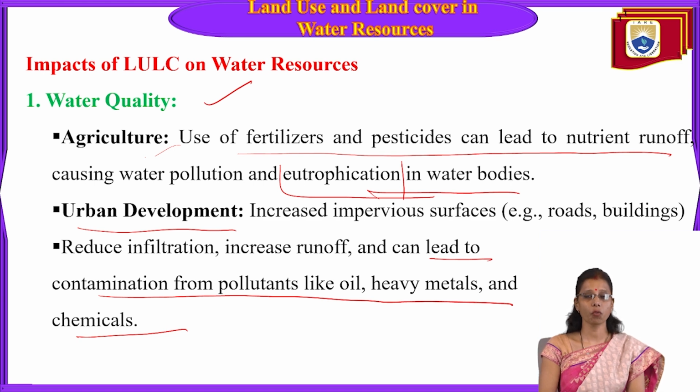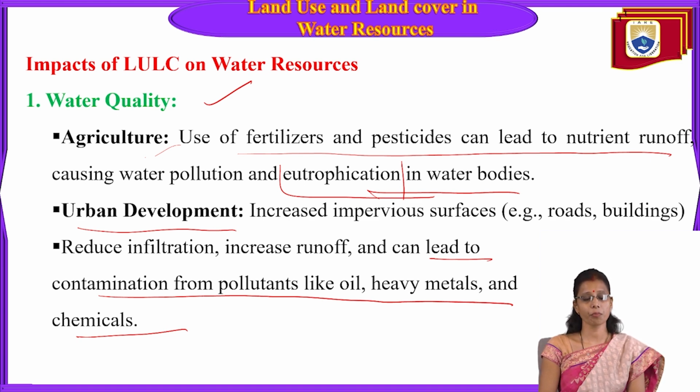It will go to the main water source, and even mix with the groundwater, and we have a problem with water quality. Nowadays, in areas where these urbanization activities are going on, they are totally affected by this urban water quality problem.